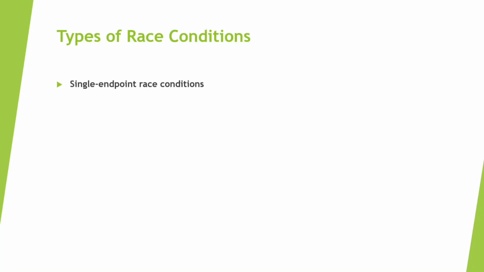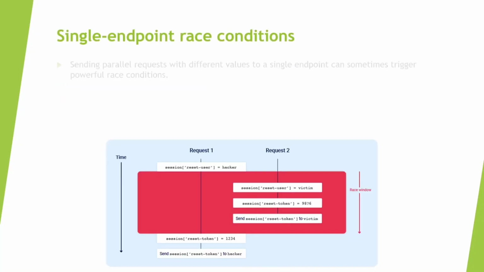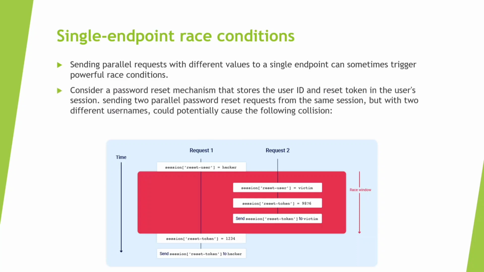So there are majorly two types of race conditions: single endpoint race condition and multi endpoint race condition. Single endpoint race condition: when we send parallel requests with different values to a single endpoint and trigger a race condition, it is called a single endpoint race condition. For example, let's consider a password reset mechanism which stores the user ID and reset token in the user session.